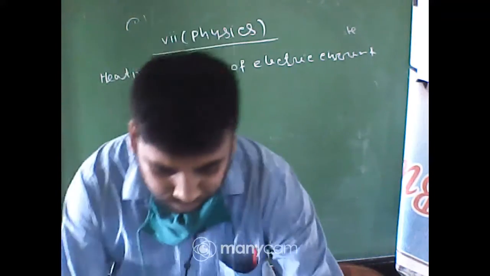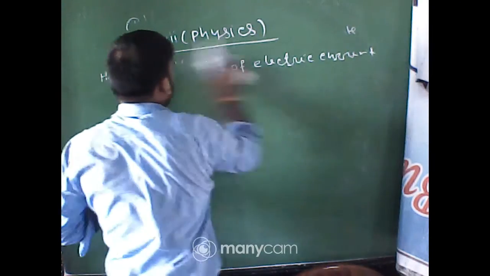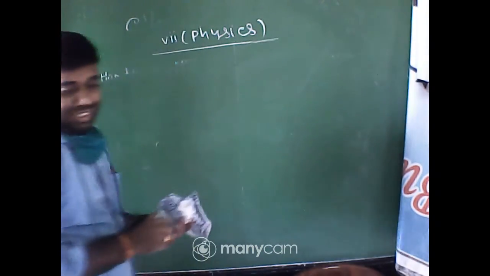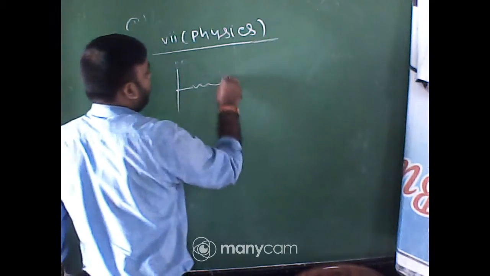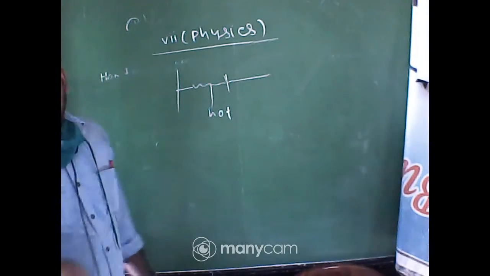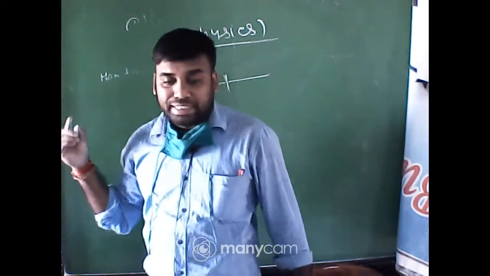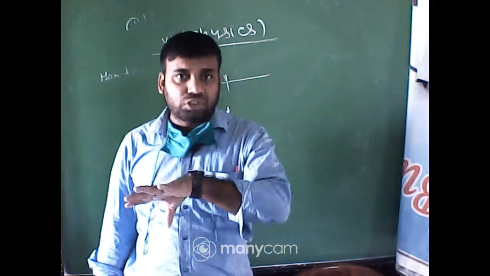Okay. So now I am discussing what is the heating effect of electric current. Students, if electric current passes through a wire, it gets hot. This is because of the heating effect of electric current. There are some effects when an electric current passes through a wire.